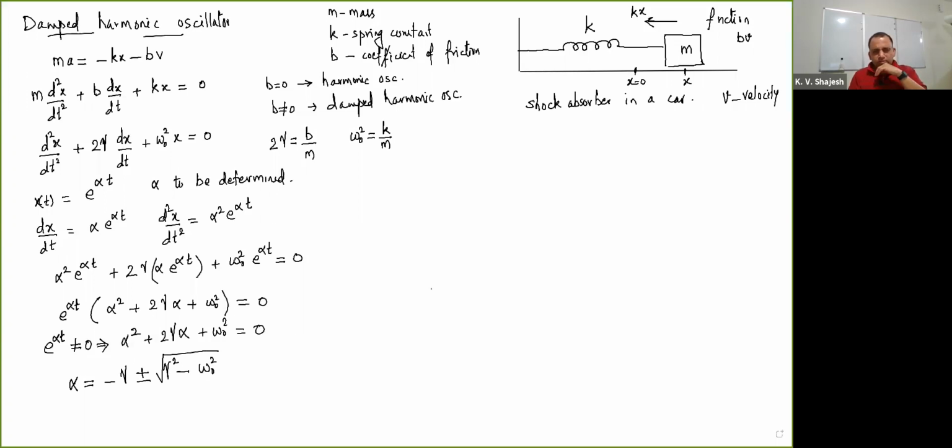Since we would like to compare it with the harmonic oscillator, which has omega naught in it, this can also be written in this form, there's nothing wrong with that, but we will find it convenient to pull out a negative sign, write it as an imaginary quantity, and this is omega naught squared minus gamma squared.